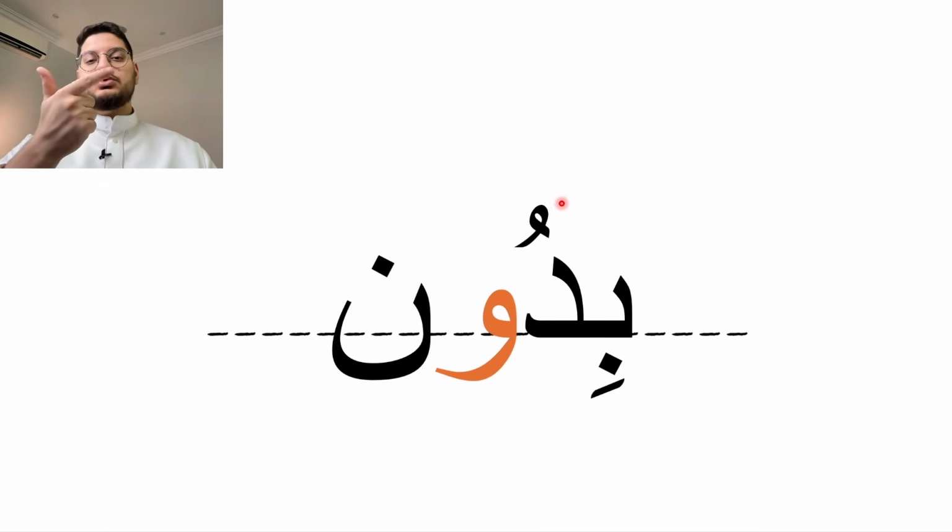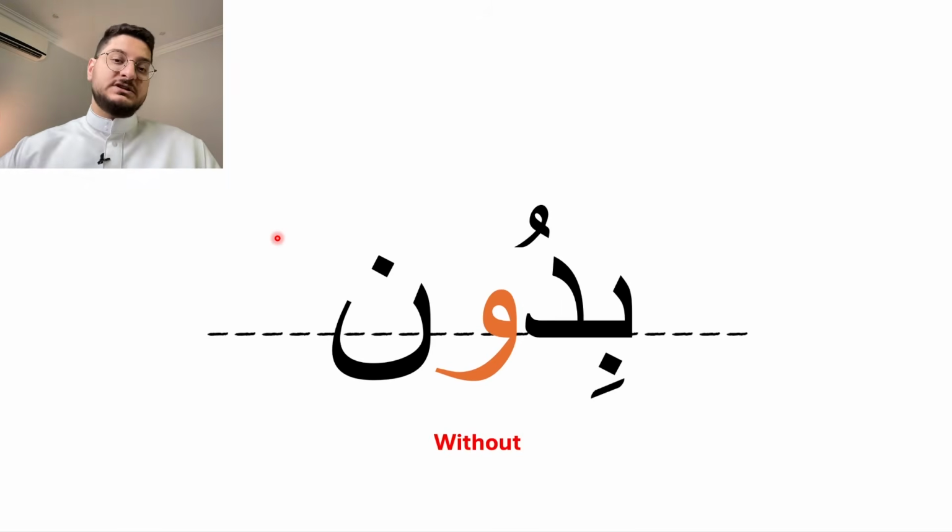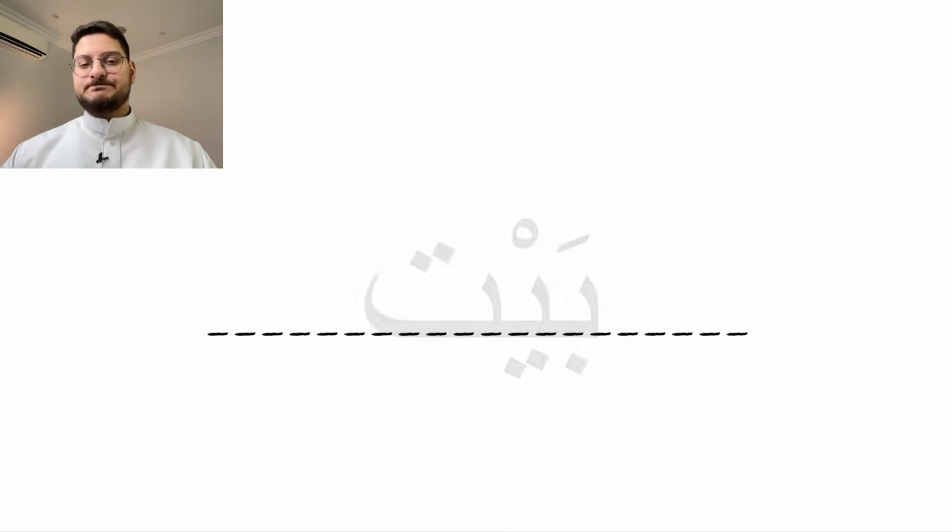So it's du, du. So we have bi, du, and then what do we have at the end? We have this letter with one dot on top, and this is the na, but it's at the end of the word, so no vowels, so it's just n. So this word is bidun, and bidun means without. So if you're ordering coffee and you want it bidun sugar, you can say bidun sukkar, without sugar.